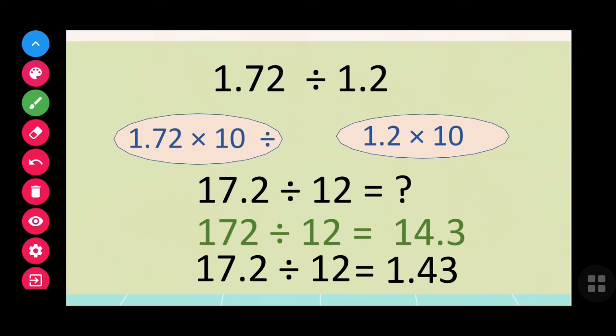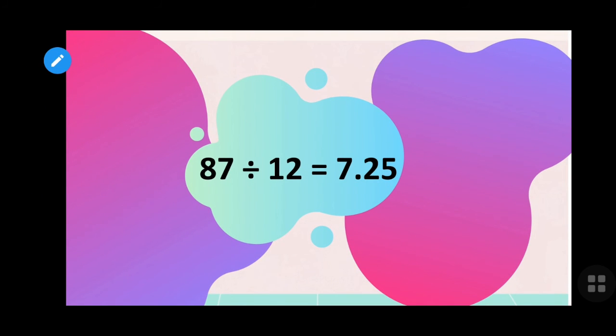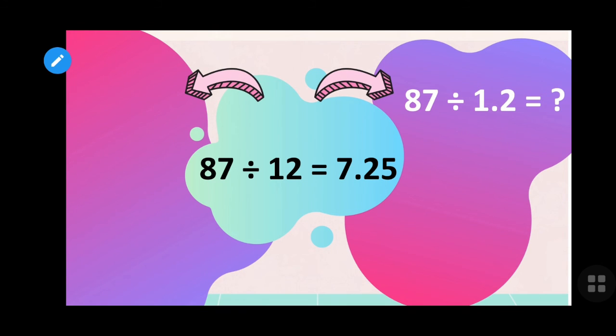Now we'll move to a bit different sum than we were trying so far. What kind of sum is this? We already have the answers in our hand. 87 divided by 12 is equal to 7.25. So where's the question? The question is a bit different. See now, 87 divided by 1.2 and 87 divided by 0.12.